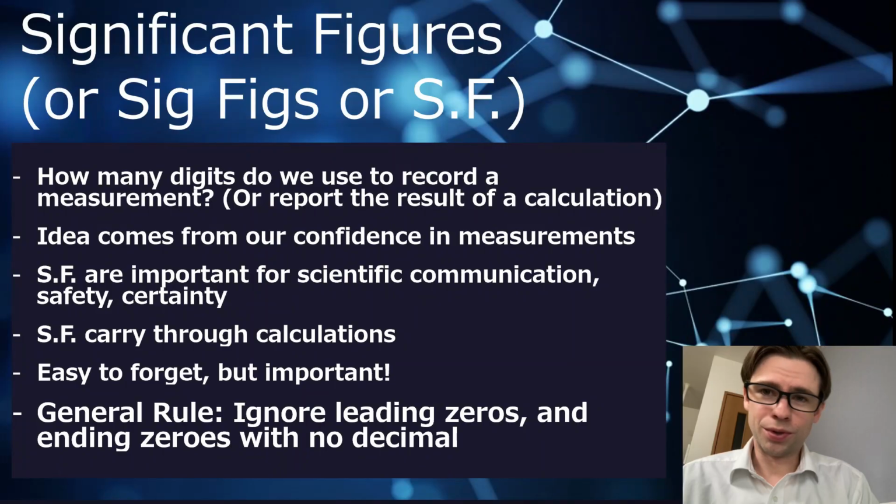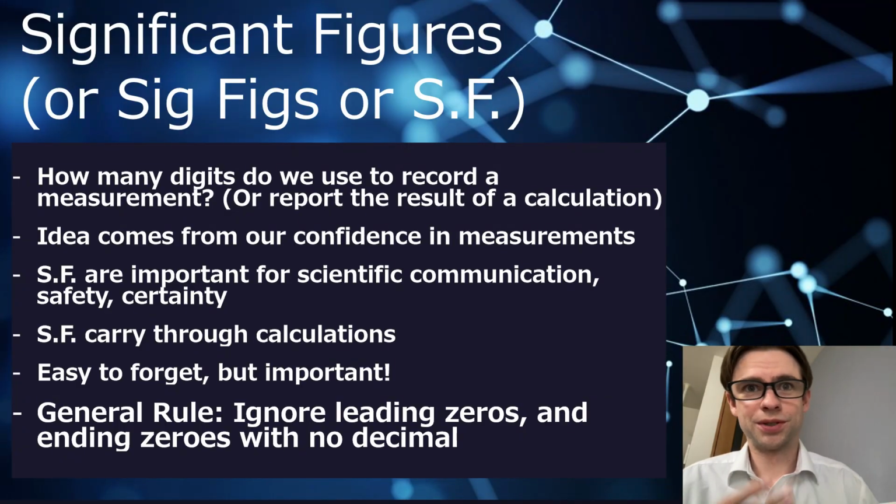So the general rule, there's a whole explanation you can give of what significant figures are and the rules behind them, but I think I've concentrated the rules down to this phrase. So ignore leading zeros. That means zeros before a digit which is not 0. For example, 1 or 2 or 3 or 4 or 5 or 6 or 7 or 8 or 9.